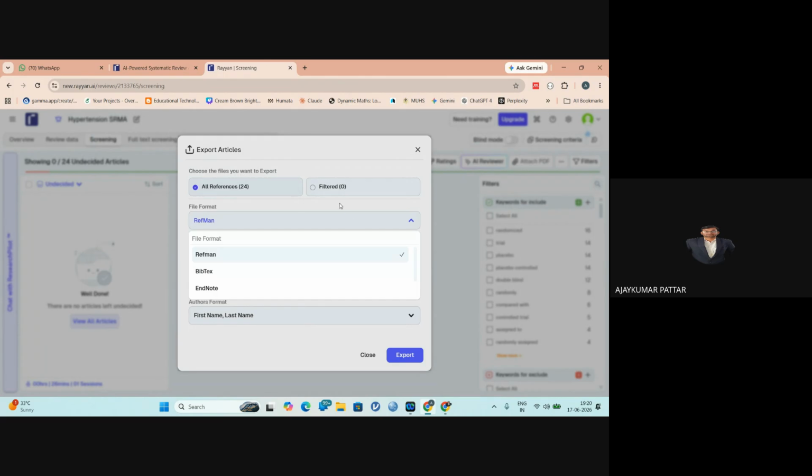Yes, this one I have missed. File format, which format I want to export. I want the CSV file, because we know our full text abstraction tool works with CSV. Now the CSV format I will export.